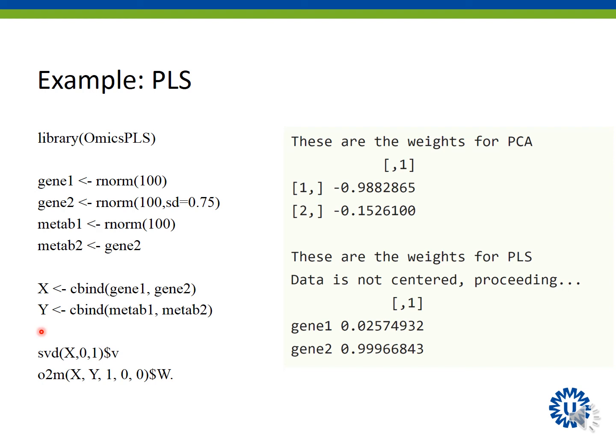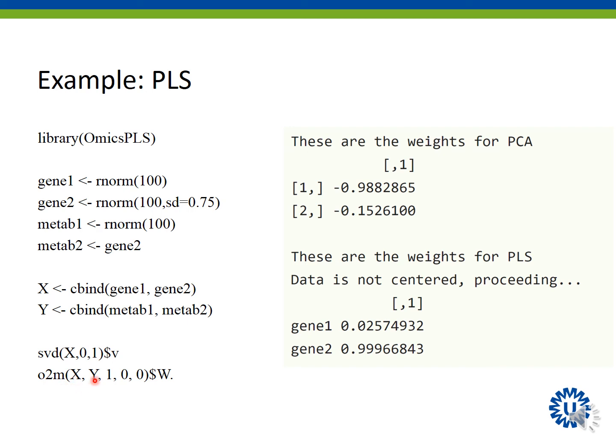So PCA, remember, was the right singular vectors of X, the SVD of X. And the solution is, let's say, minus 0.99 and here minus 0.50. So you can see that the first gene gets a very high weight and the second gene gets a low weight.